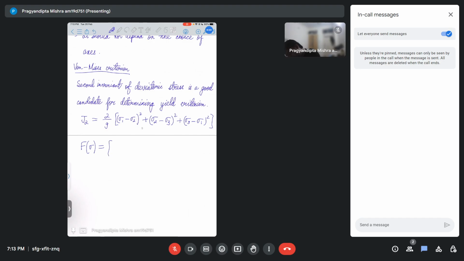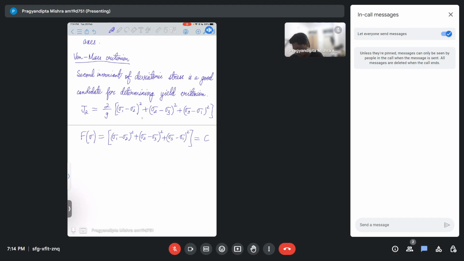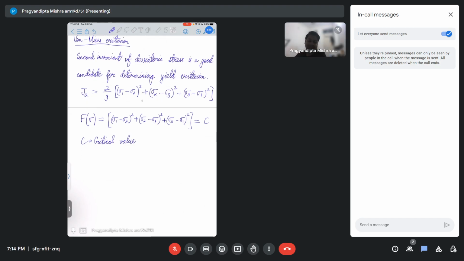So it is equal to some constant c. Now this c is basically the critical value that the material needs to exceed for yielding to happen.